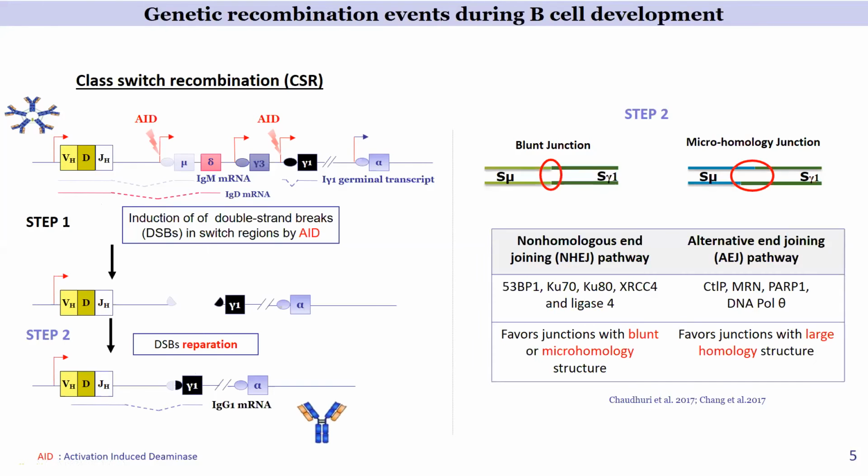This repair phase is carried by the non-homologous end-joining pathway, which favors direct or blunt junctions or microhomology ones, in favor of the alternative end-joining pathway, which promotes junctions by large homology.